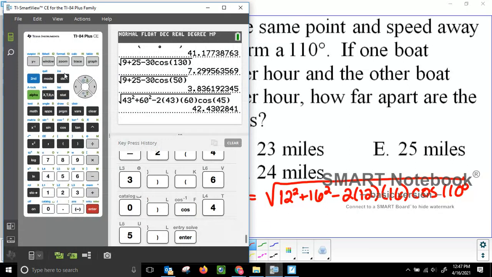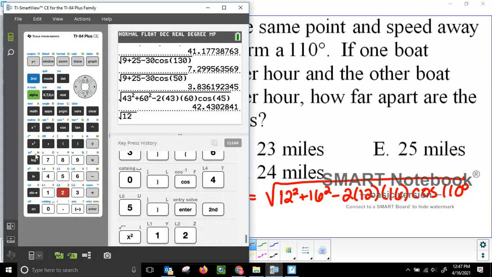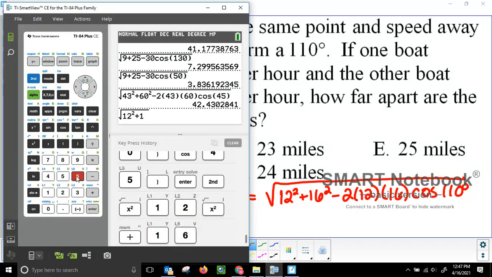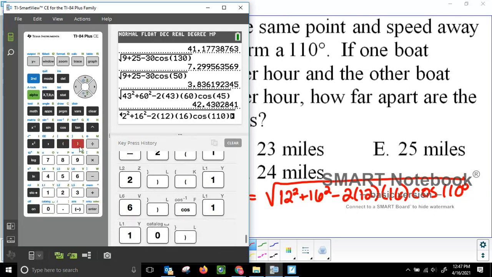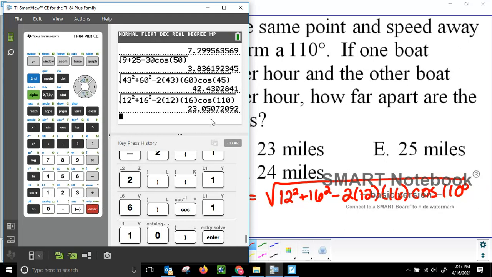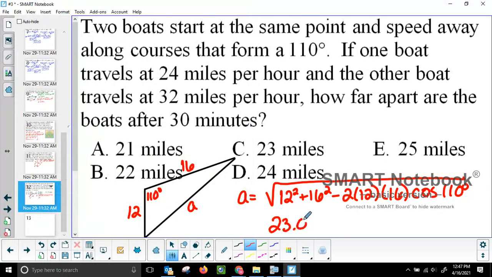We plug that into our calculator, and you get 23.051. So, according to our multiple choice options here, C.